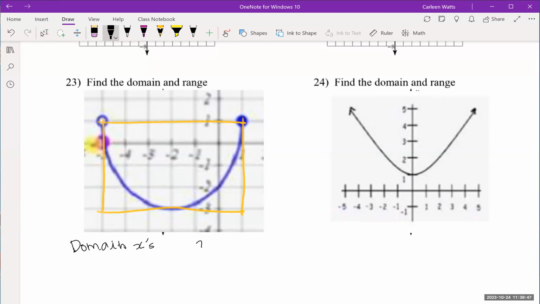So x is in between. Okay, so only look at the x-axis. The x is in between, starting with the negative, right? We're going small to big, left to right. X is in between -5 and +1.